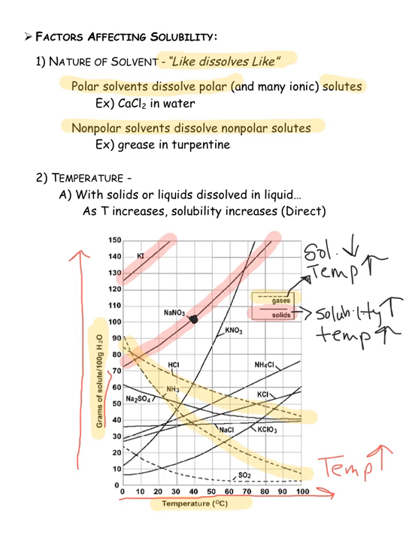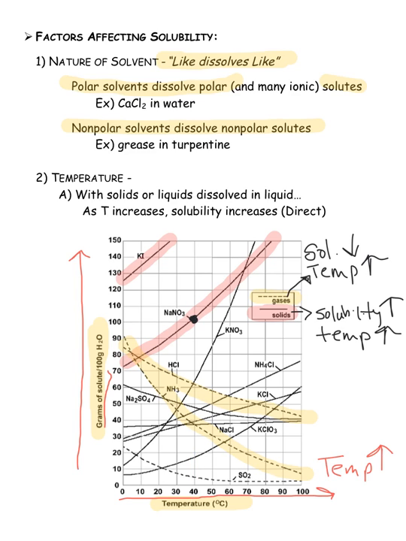I have this point. And the question that you might see is, at 40 degrees Celsius, at 40 degrees right here, how many grams of sodium nitrate would make a saturated solution?